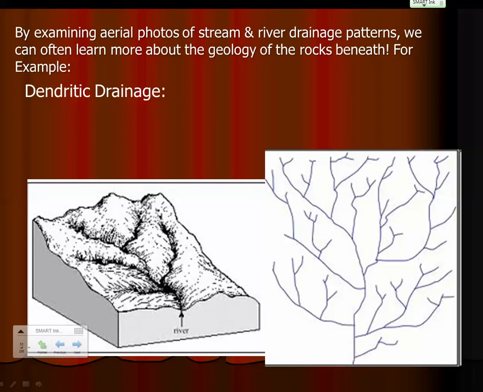Now, one of the things you'll learn from looking at aerial photos, and we're going to do a whole activity on this later, by looking at aerial photos of streams and river drainage patterns, you can often learn more about the geology of the rocks beneath.